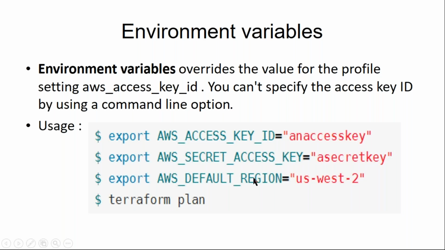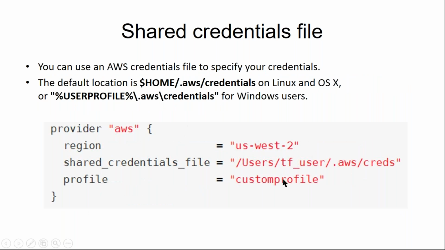I'm using ap-south-1, and here in the example us-west-2 is there. You can simply run the plan, and it is going to take the environment variables. You can test accessing the environment variable credentials.